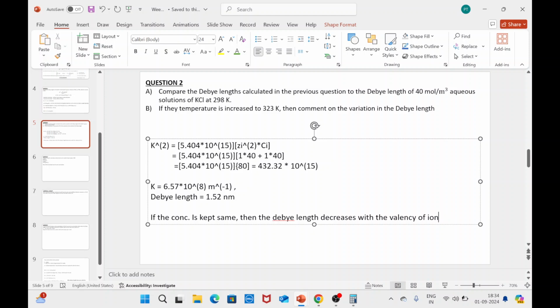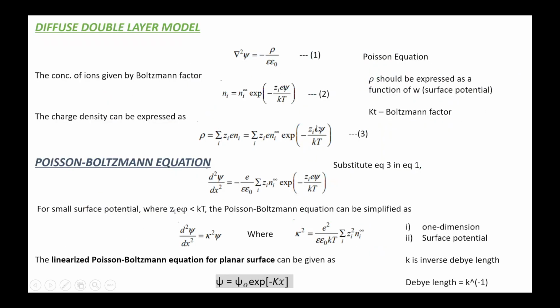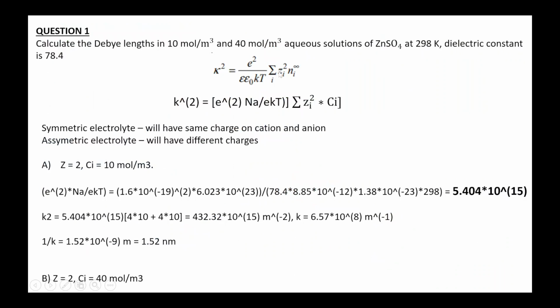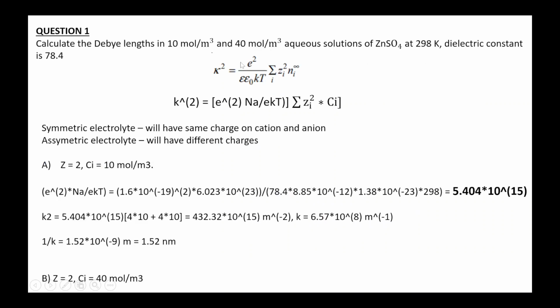Of course it is following the trend, because if you take the root of this particular expression, focus on this expression, you will be left with e divided by root of epsilon kT times root of Zi square times Ci, or ni at infinity.